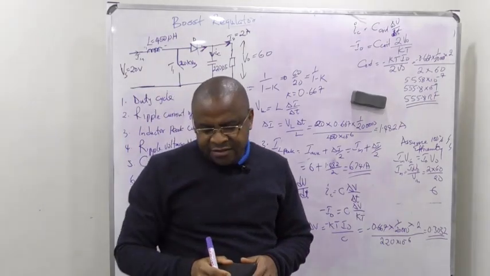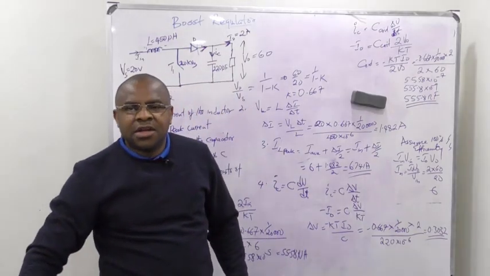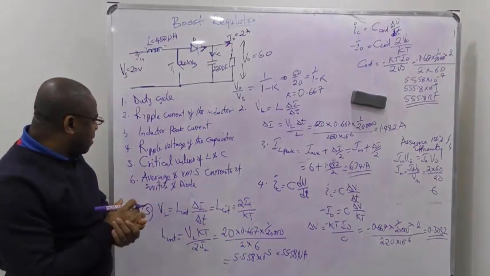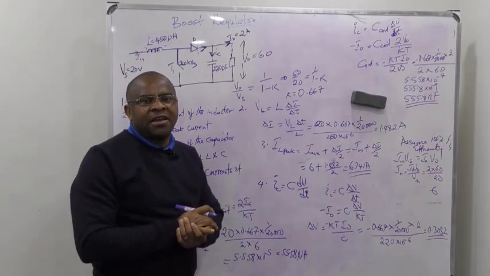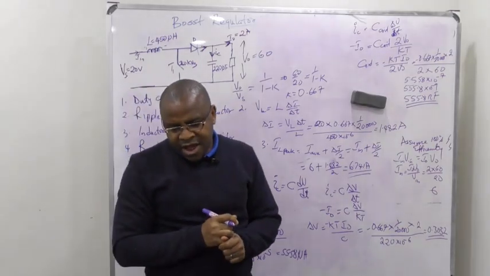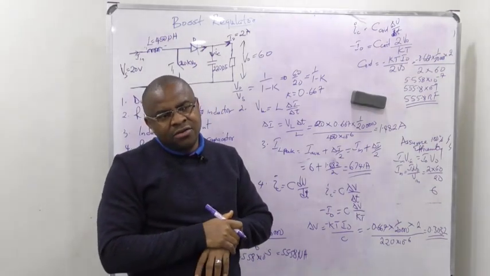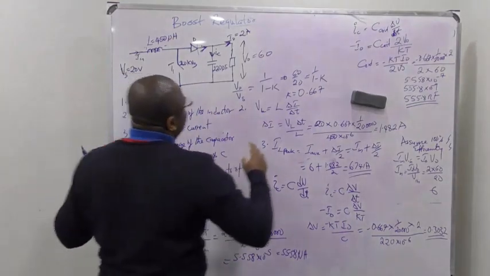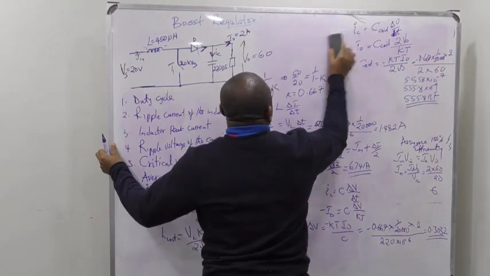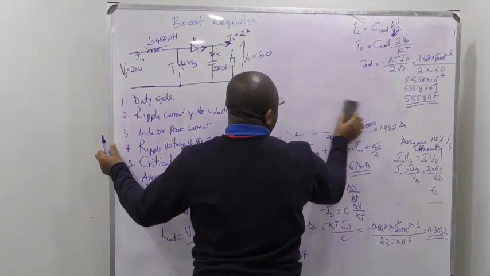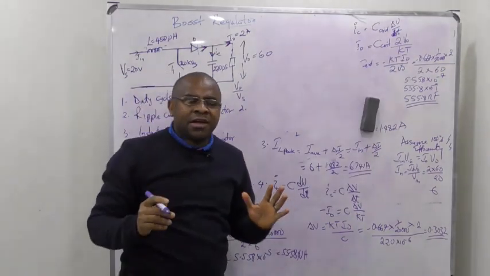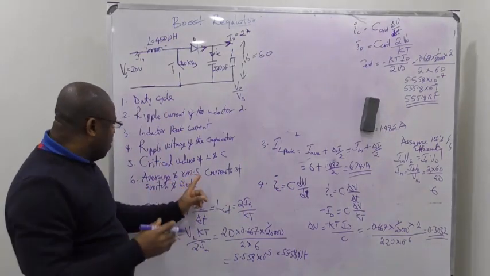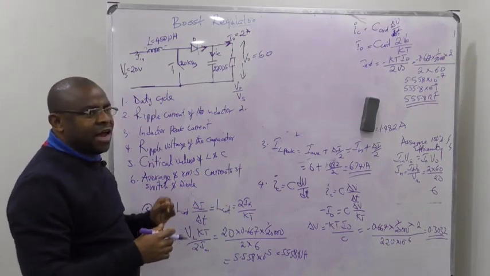Now, the last thing that we just need to do is to calculate the average and RMS current of the switch and the diode. Okay, the average and RMS current of the diode. So remember that for you to solve this, remember how the signal of the current flowing through the switch and the diode looks like.